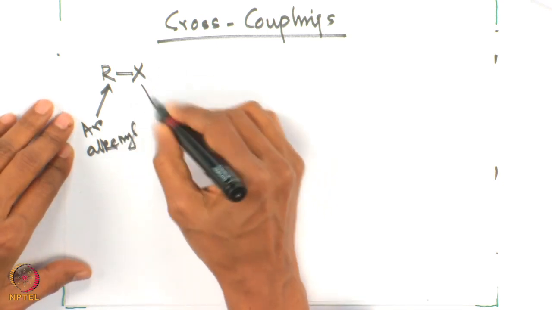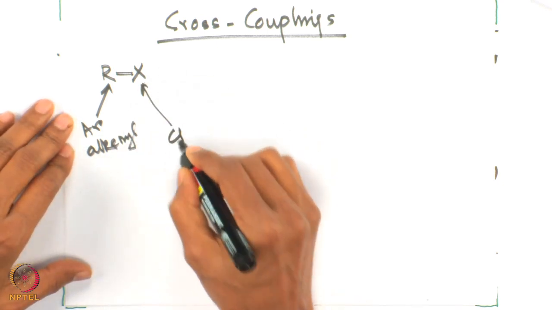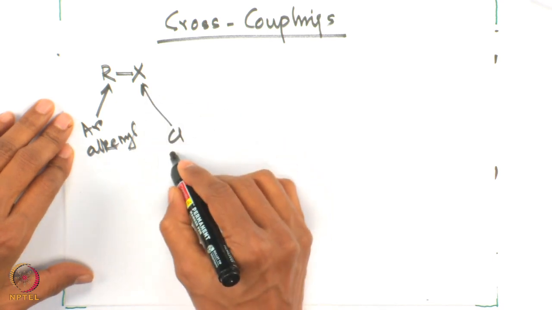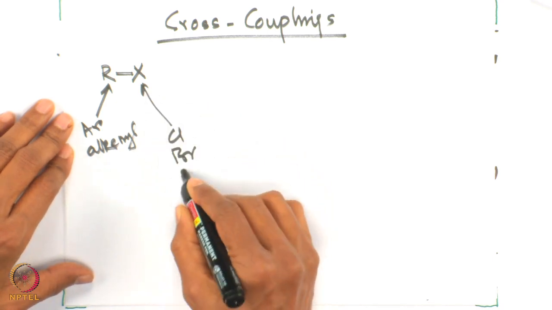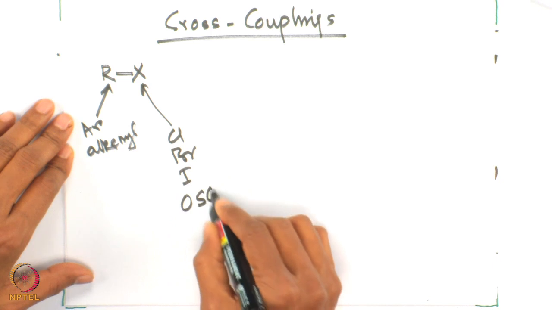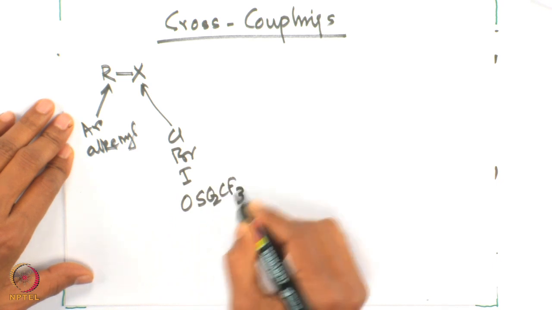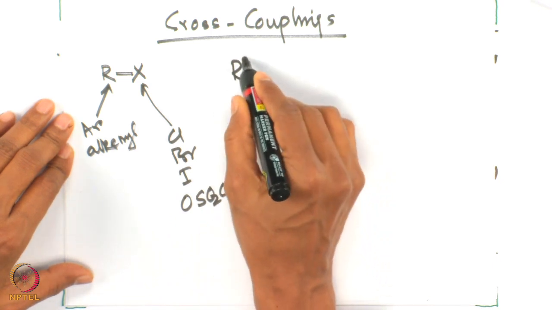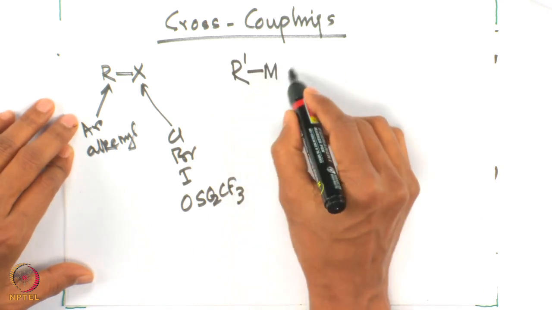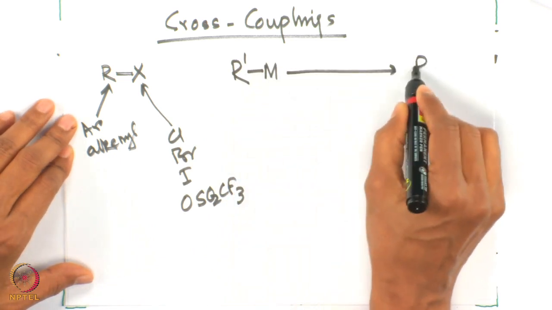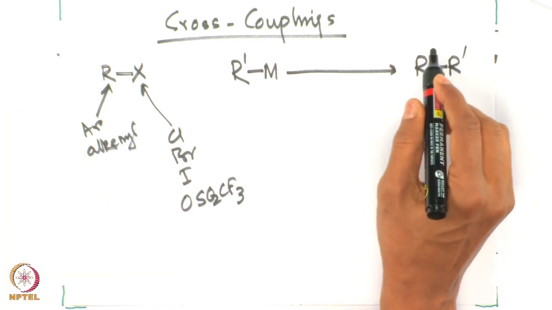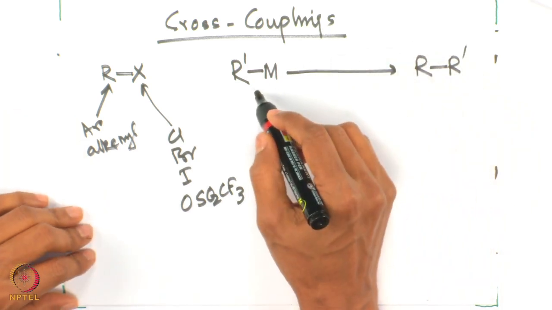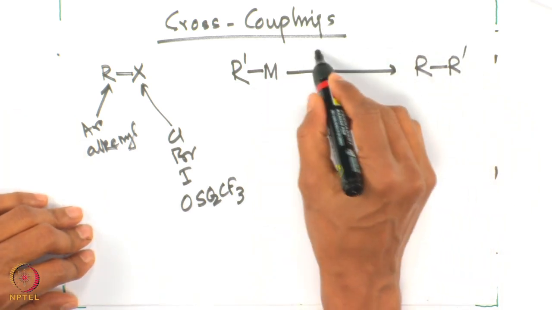Nowadays of course, even the aliphatic are used. The halide X partner could be chloride, bromide, iodide, OSO2CF3 and so on. And the other partner, based on which the name reaction is changing to give you overall R-R prime, is the one which is usually called the transmetallating reagent.